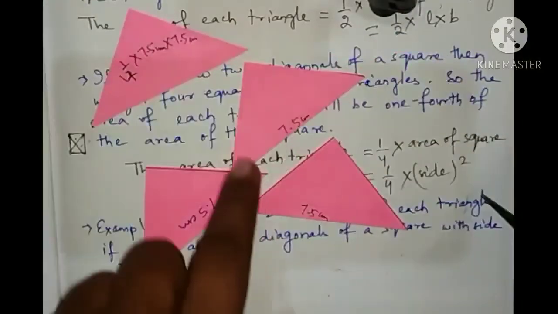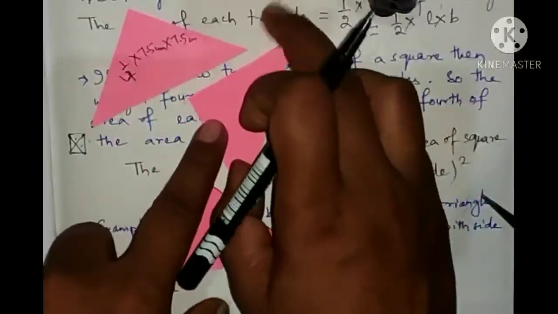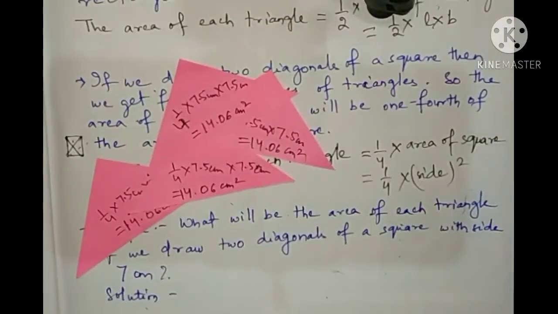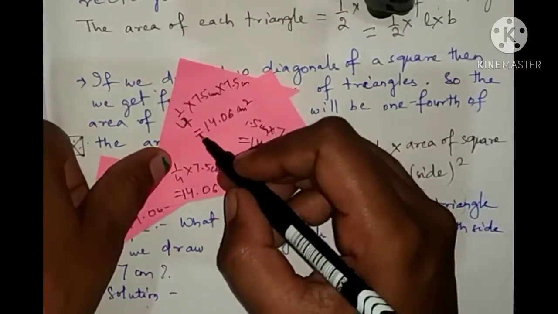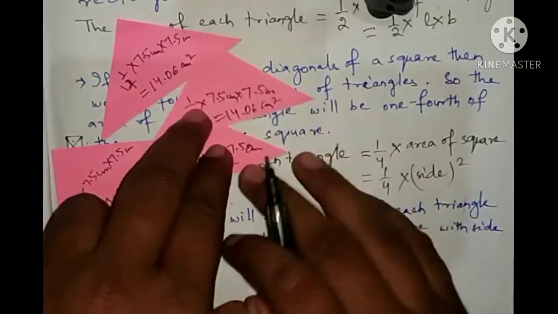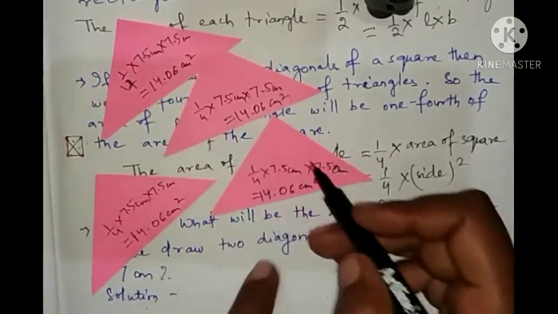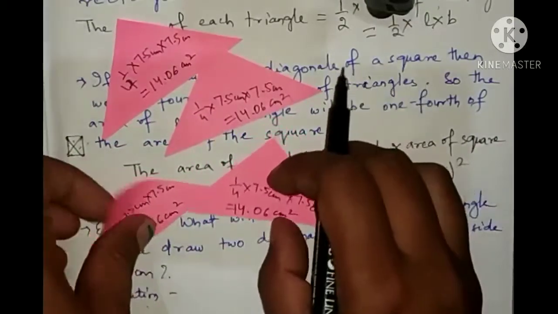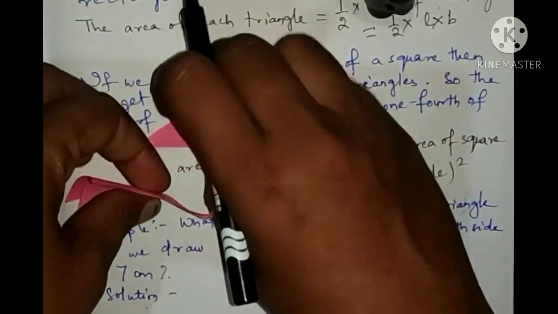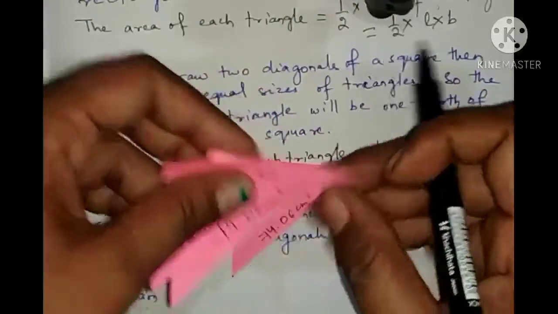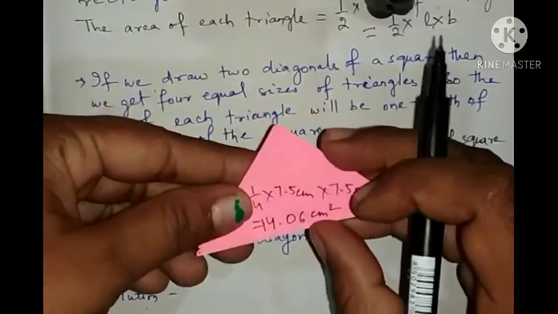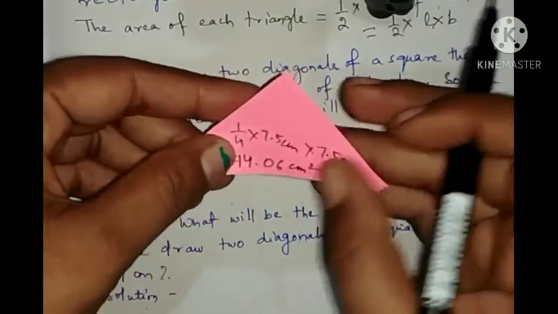Like this, I'll write the area on the others also. So area equals how much? 14.06 square centimeter. So each triangle has equal area. So when we cut the square by two diagonals, we get triangles of equal area.